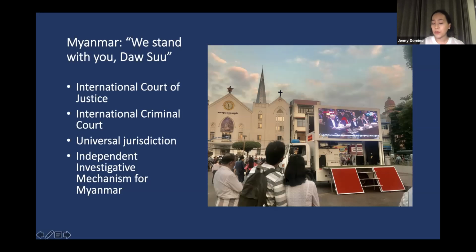As you can see from the picture, ordinary individuals are watching the proceedings, which I found very surreal because usually we know of international law as something that is studied only by lawyers and by a very small group of people in a country, and these proceedings that are witnessed by ordinary people is for me remarkable.